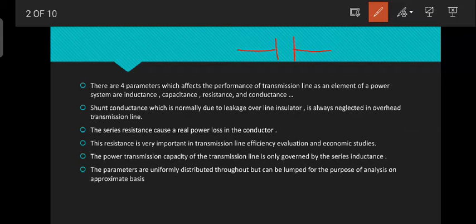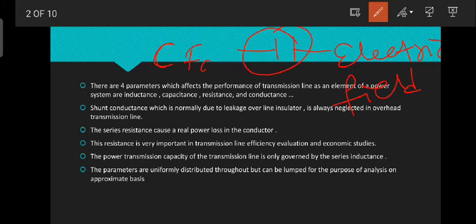Faraday was the scientist who discovered capacitance. The notation of capacitance is C and its unit is farad, F-A-R-A-D.